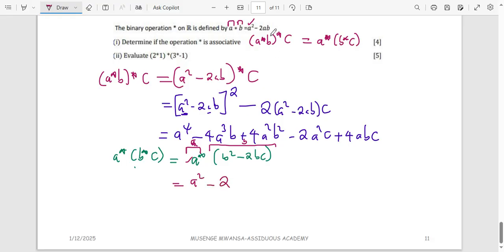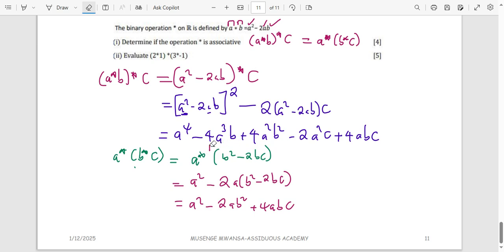Minus 2, again where there is A, we are still putting our A. But where there is B, that's the second part, it is being represented by B squared minus 2BC. So if you simplify this, it is going to give you A squared minus 2A times B squared, that will be 2AB squared, 2A times negative BC, negative 2ABC, that will give us positive 4ABC.